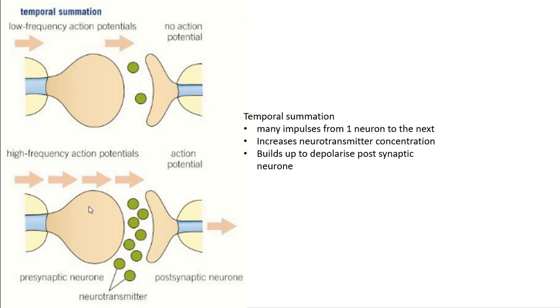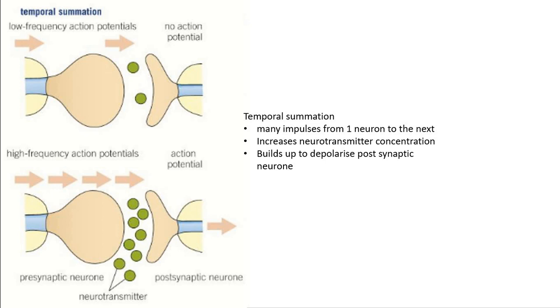So it's many impulses from one to the other, and this will then increase the neurotransmitter concentration, and as we know there has to be a threshold, normally about minus 55 millivolts. This may then cause at this frequency the depolarization. So it might mean that a small amount isn't noticed, doesn't cause an action potential, but a large amount will do.